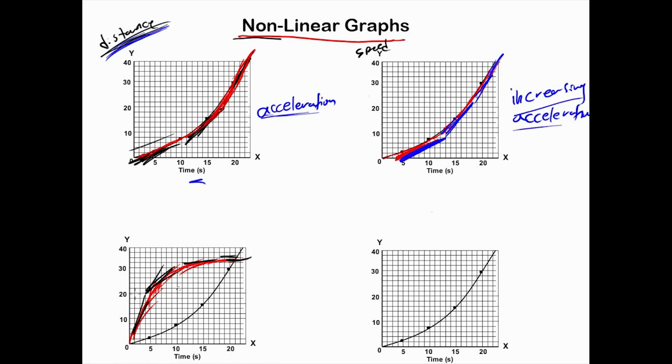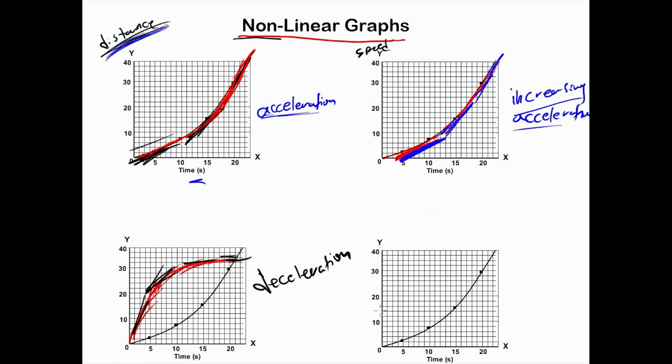And so in a distance time graph, the gradient represents the speed, and as time passes the speed will decrease, and this is an example of deceleration in a distance time graph.